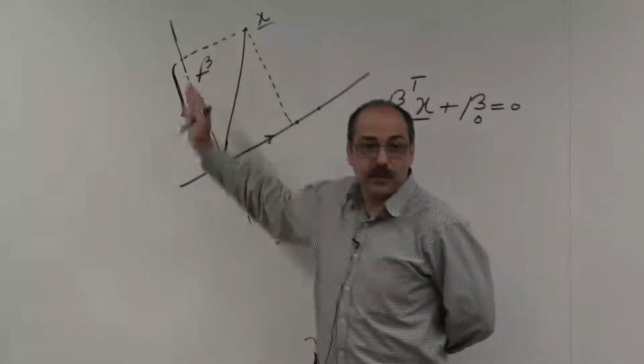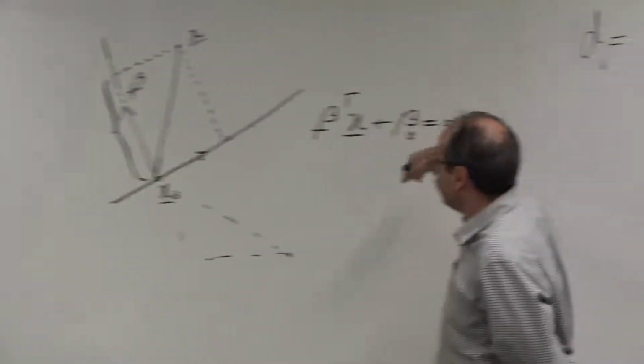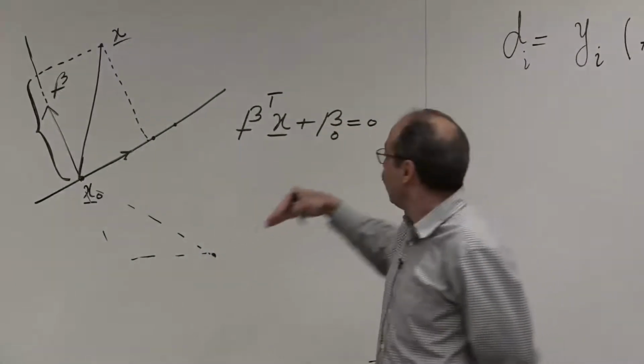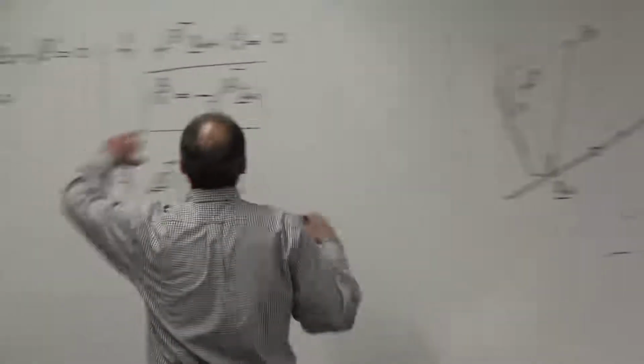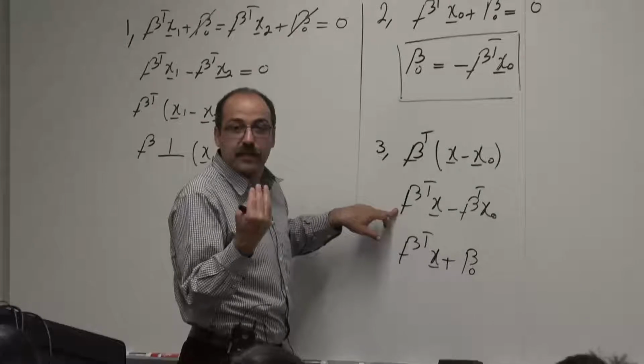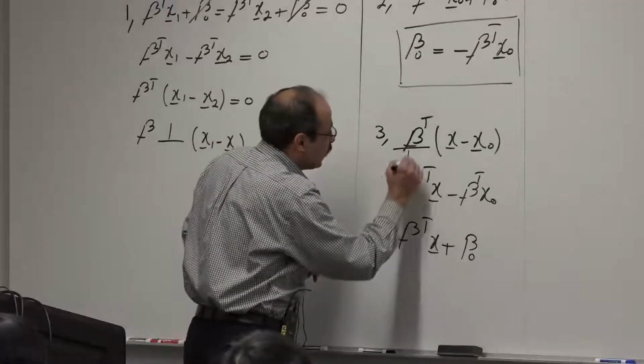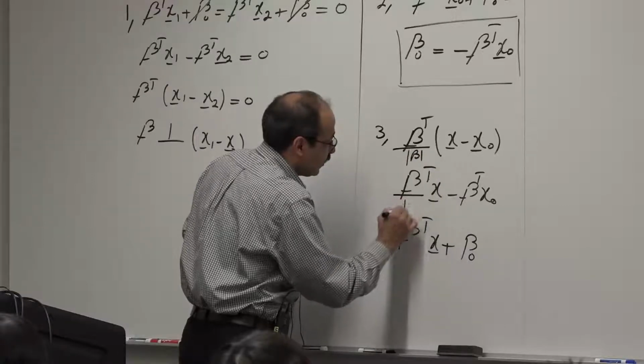Beta transpose has to be a unit vector. Yeah, that's a good point, actually. Beta needs to be a unit vector if you want this calculation to be precise. When we are talking about distance here, you have to make sure that beta is normalized, meaning beta should be divided by the norm of beta.